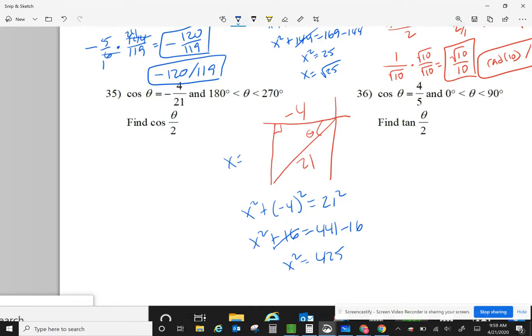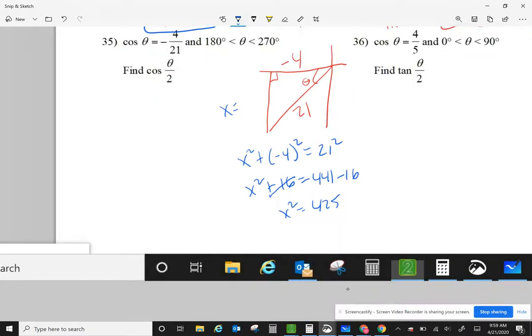Not a perfect square. However, I can break this up: x is the square root of 425, but I can break this as 25 times 17. So I'm going to call this 5 radical 17.